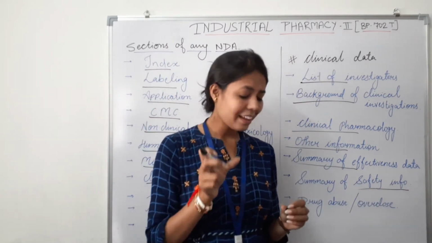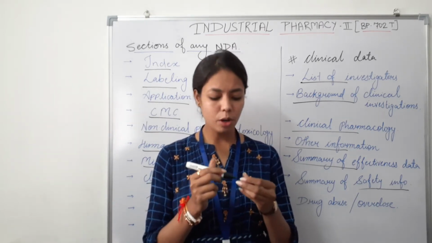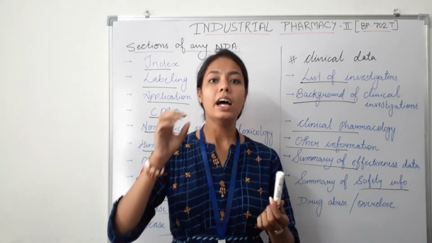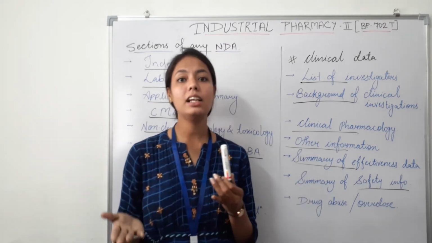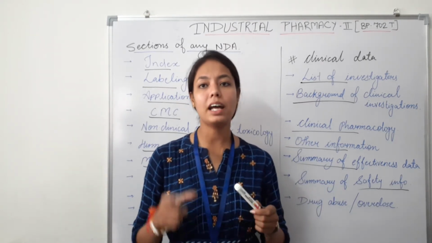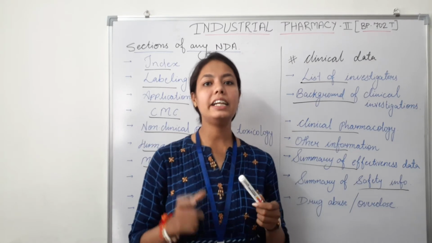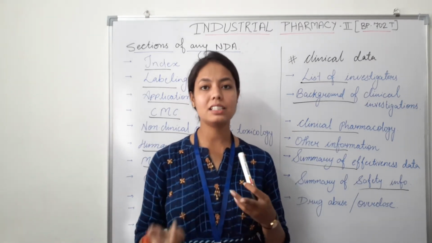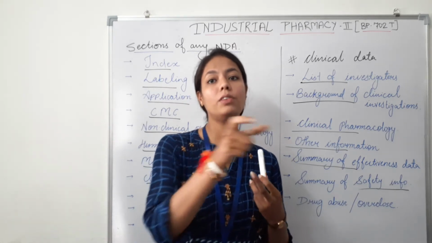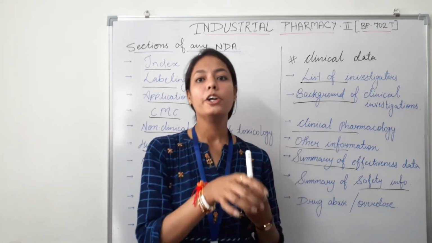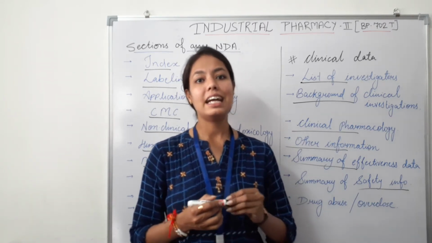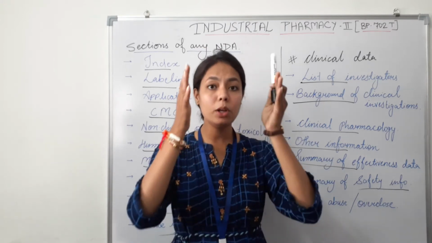So the integrated summary of safety information includes the safety data from all the sources, consisting of preclinical data as well as the clinical study and foreign marketing experiences. Details of patient-related factors like dose, duration of exposure, and the gender of the human volunteer or patient involved in the clinical studies must be included in tabular format.